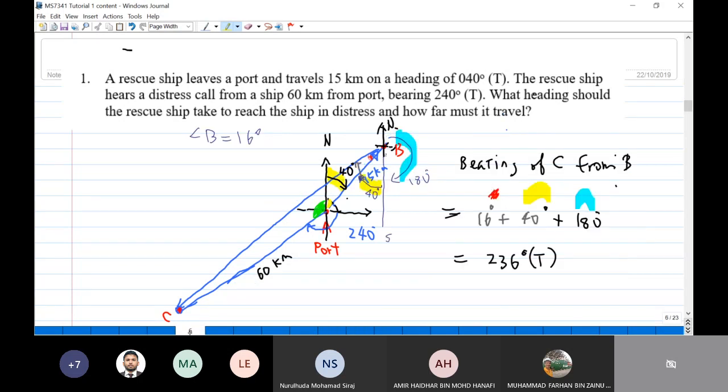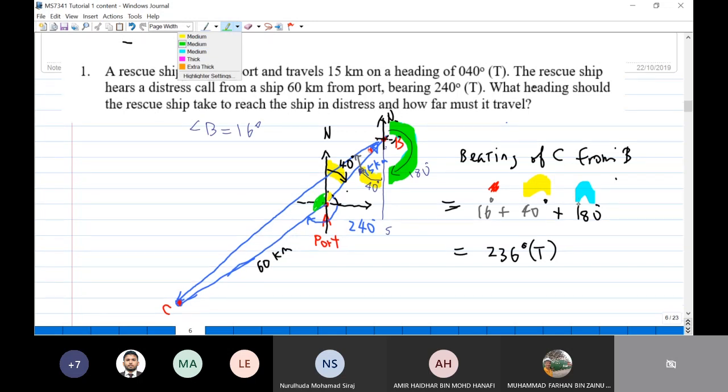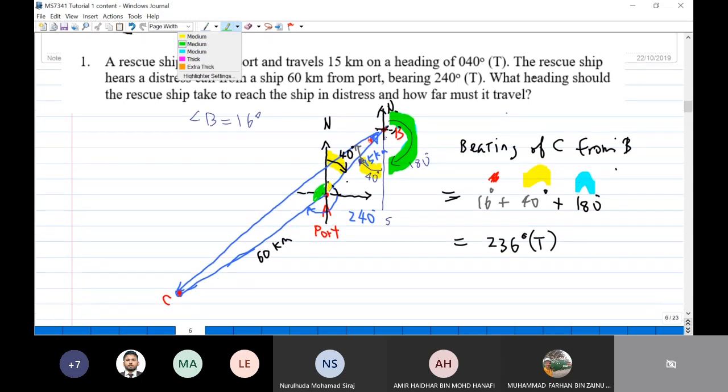So in this case, for the tutorial question, I'm going to find the bearing of C from B. You see that I use different colors here. One of them is the blue one. The green color here is 180.